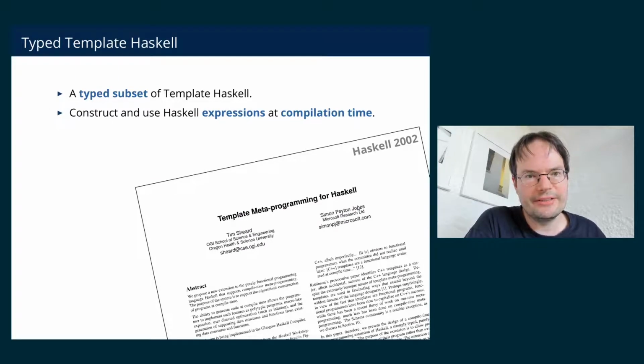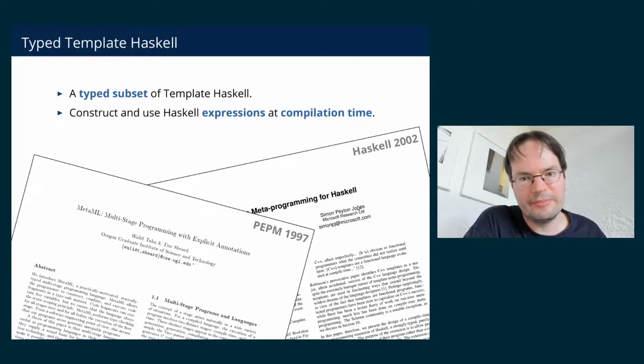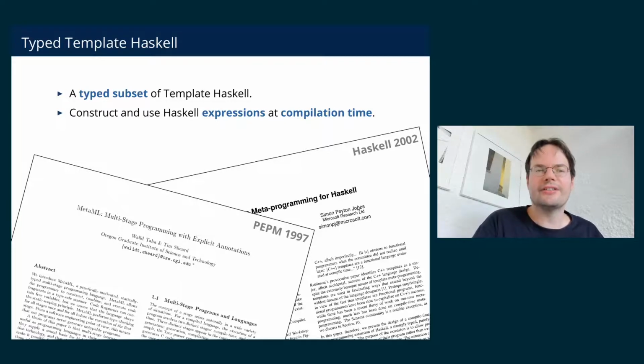So what is typed template Haskell? Well, it is a little known typed subset of template Haskell. Template Haskell was introduced at the Haskell Symposium in 2002, and it describes an untyped metaprogramming extension for Haskell, but with typed template Haskell, which actually goes further back to a Pepham 1997 paper describing MetaML, you can, in a typed way, construct and use Haskell expressions at compilation time using two staging constructs, quoting and splicing.